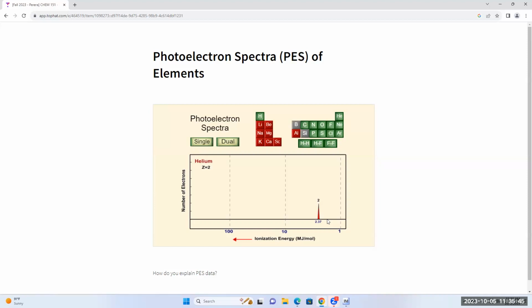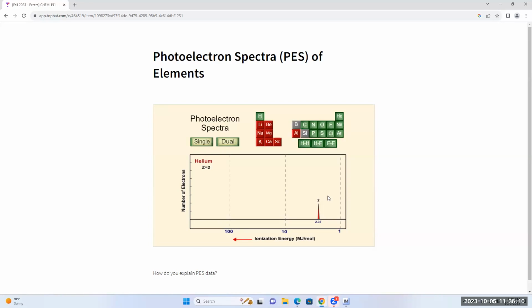For hydrogen, it was 1.3, and for helium, it went up to 2.37. Why? There are more protons in the helium nucleus, therefore the ionization energy is higher. Also the peak height increased, because peak height is related to the number of electrons, which is 2. It doubled.